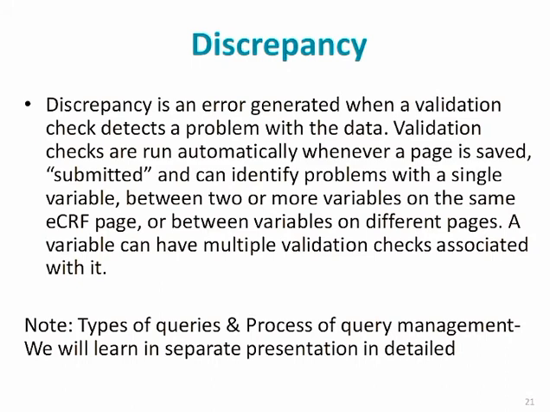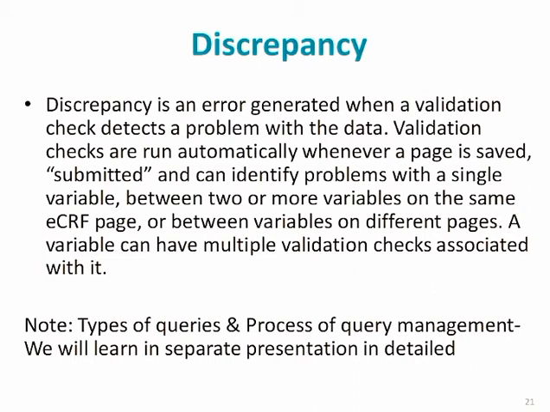Discrepancies. A discrepancy is an error generated when a validation check detects a problem with the data. Validation checks are run automatically whenever a page is saved or submitted and can identify problems with a single variable, between two or more variables on the same eCRF page, or between variables on different pages.